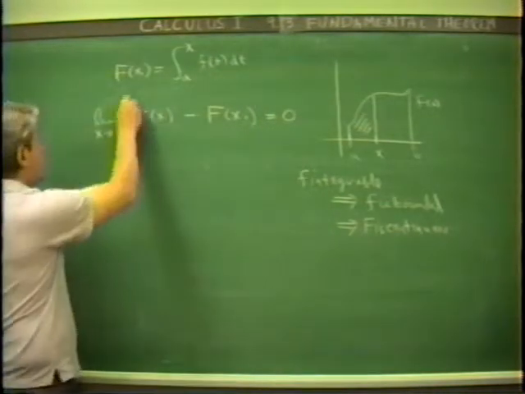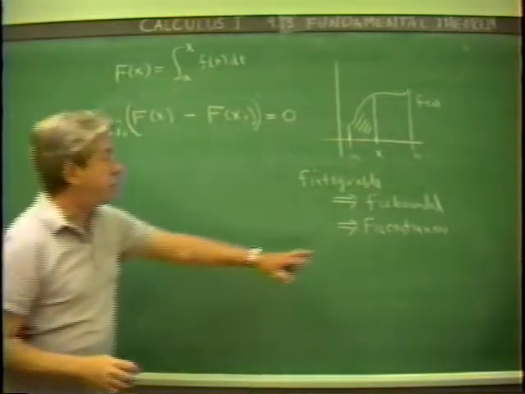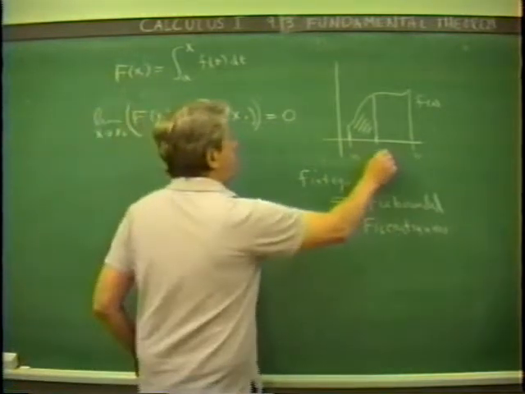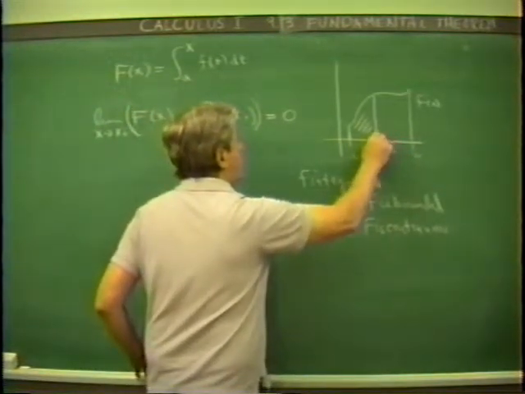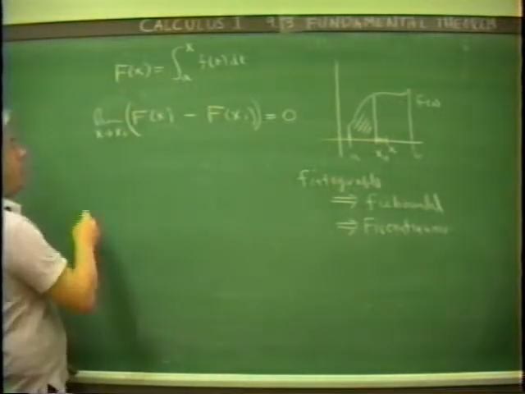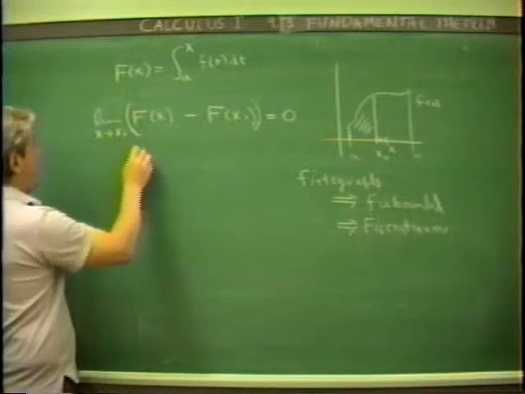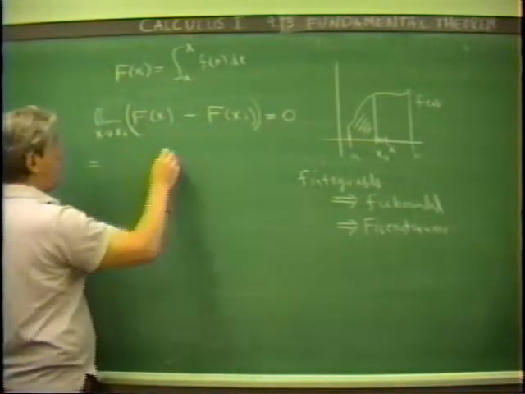Or if you like, that if we take this minus F of x naught, that it's equal to 0. So we want to show that this limit is equal to 0, which will show that capital F is continuous. I'm going to just let x naught be a point here, and let's let x be to the right of x naught and look at the limit from the right here. The limit from the left is similar.